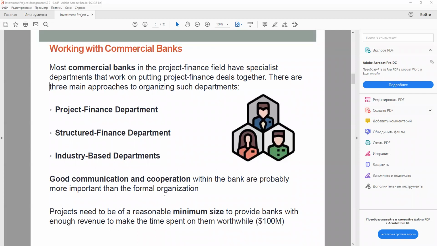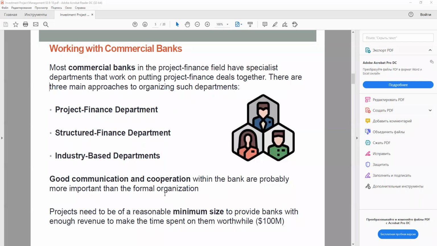This provides a one-stop service to the bank's client in that particular industry, but obviously may diminish cross-fertilization between project finance expertise and different industries. In the end, good communication and cooperation with the bank are probably more important than the formal organization.